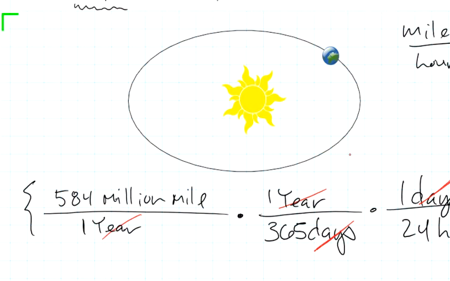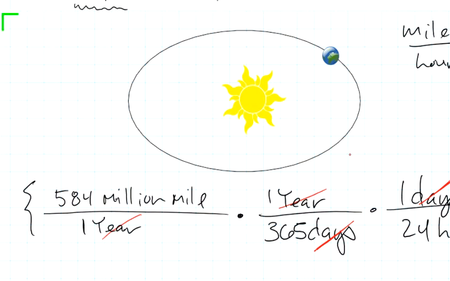So again, days over days, it's a giant one, it cancels. So what I have now is millions of miles per 24 hours. That's right, millions of miles per 24 hours, because 1 day is 24 hours.